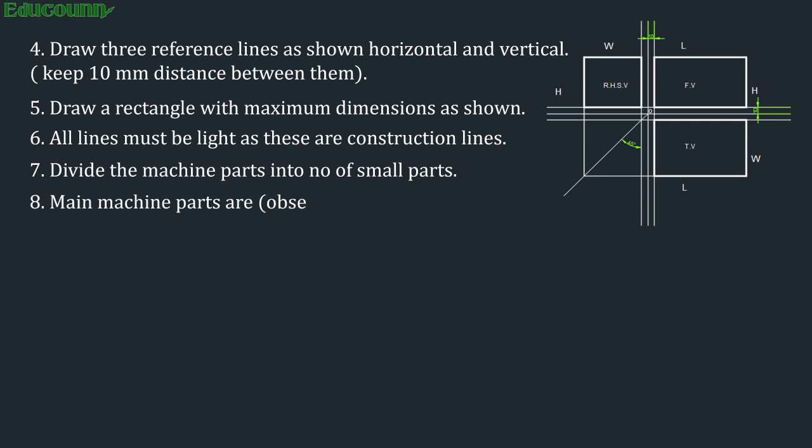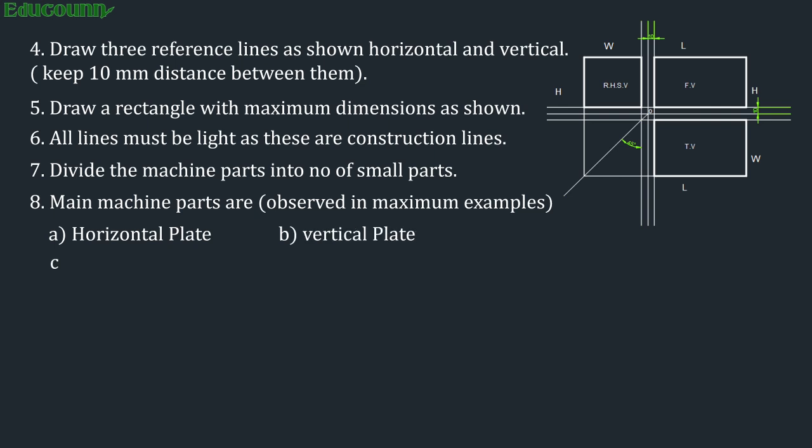So now the main machine parts observed in most of the examples are horizontal plate, then vertical plate, rib and cylinder. So these are the common machine parts observed in most of the examples of orthographic projection.